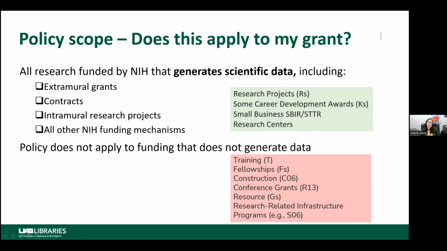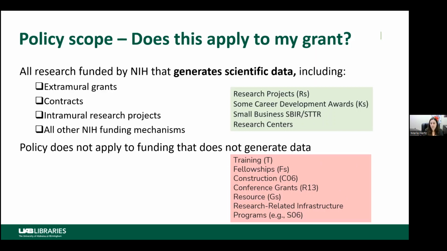And they just released what project codes are going to fall under this category. So it's R's, most K's, SBIRs, STTRs, and RC grants. Now the policy does not apply to funding for things that don't generate data. So training grants and fellowships are exempt, conference grants, all these ones in the red parts.